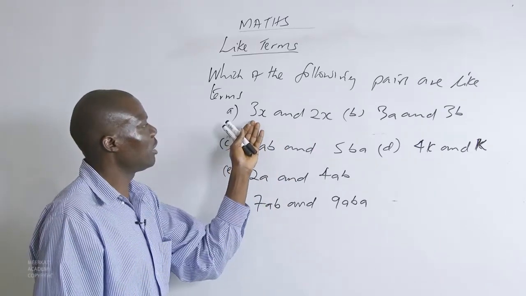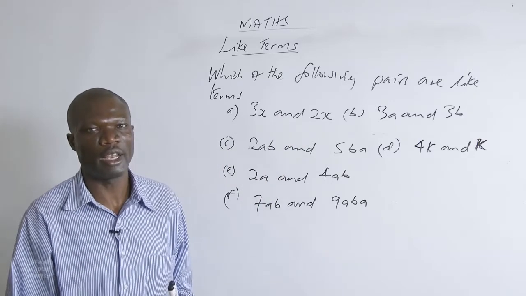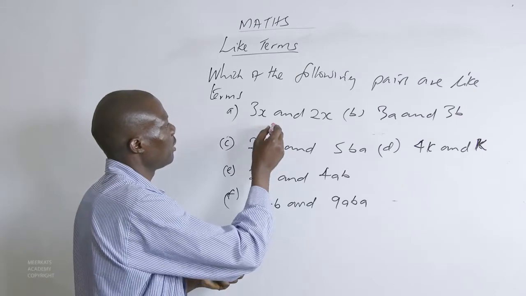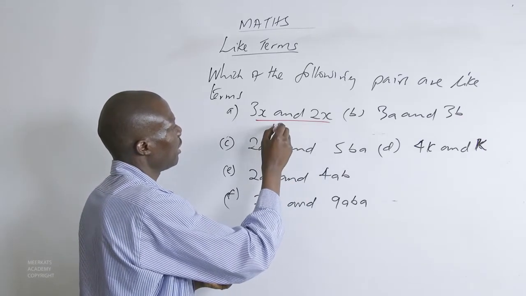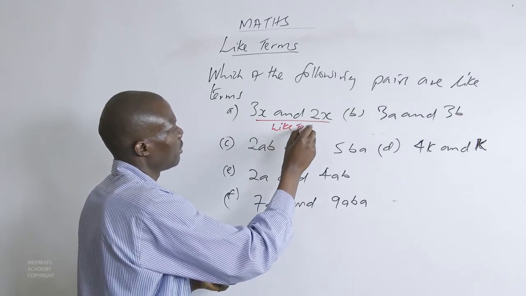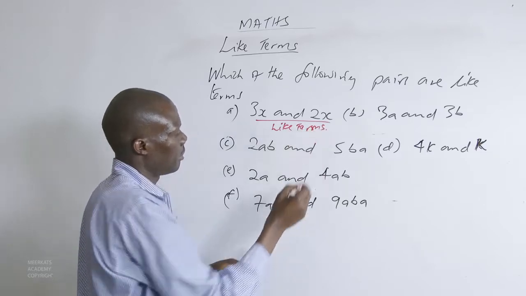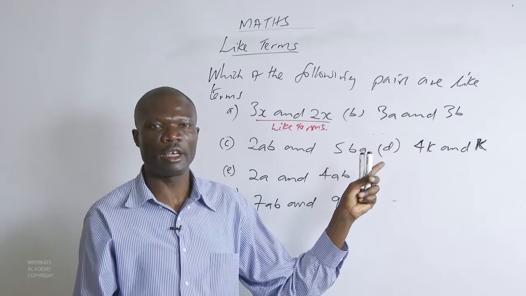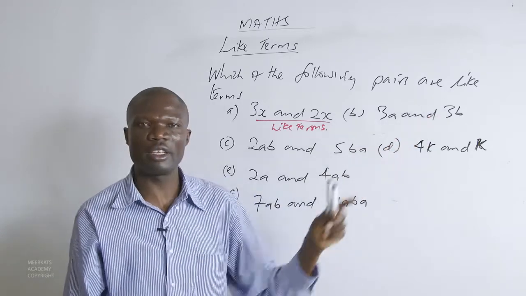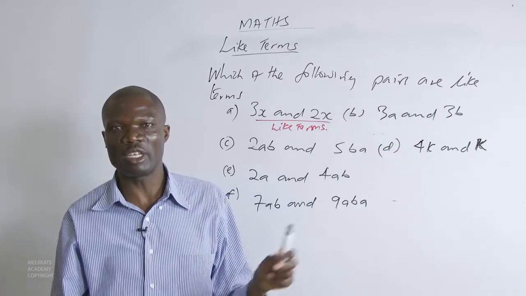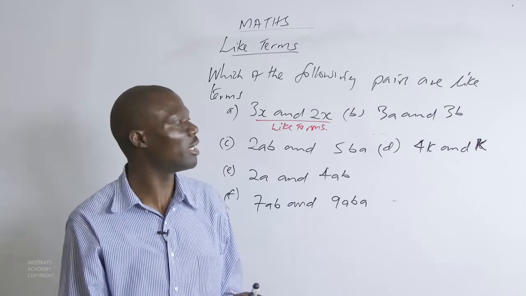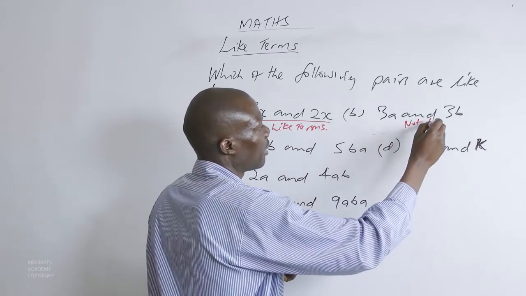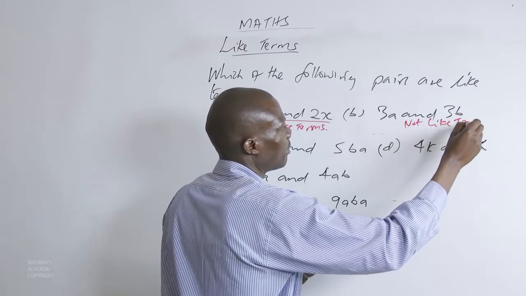So these two terms are like terms. Second one, we have 3a and 3b. Because one is a and another one is b, these are not like terms.